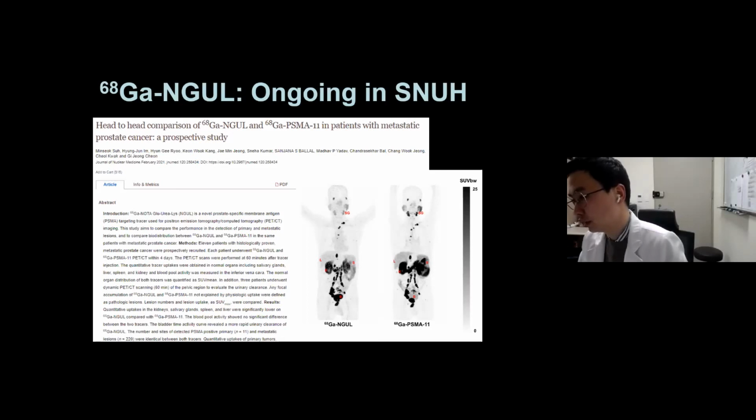I think Malaysia or other countries might have a lot more experience than me with PSMA imaging, so if you can share some, it might be helpful for us.